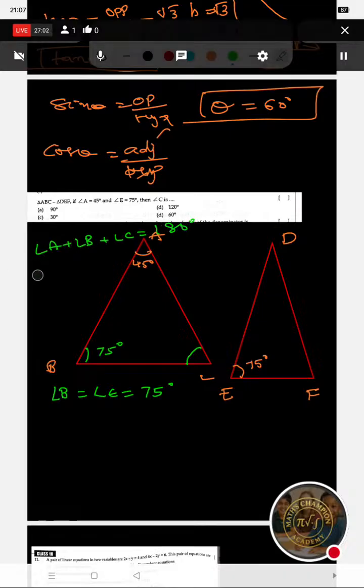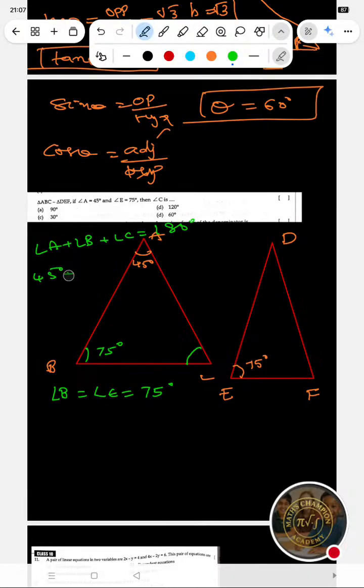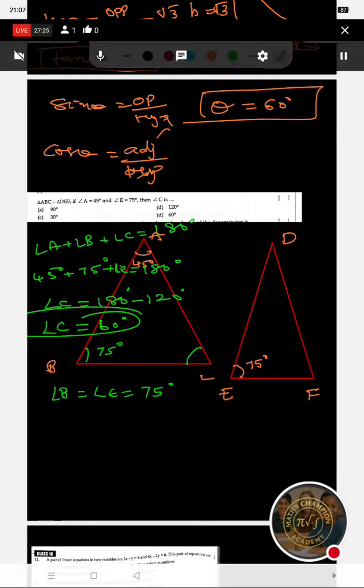So 45 plus 75 plus angle C is 180 degrees. 45 plus 75 is 120, so angle C is 180 minus 120, which is 60 degrees. So our option is C.